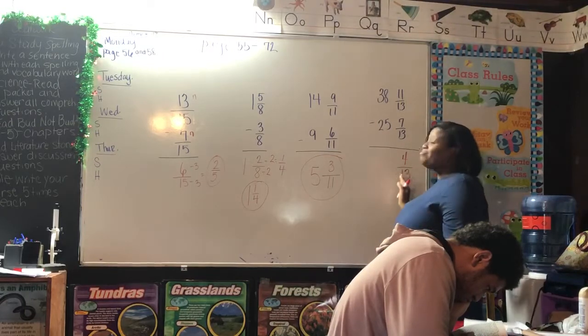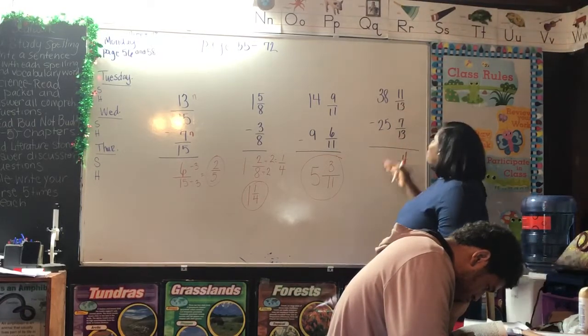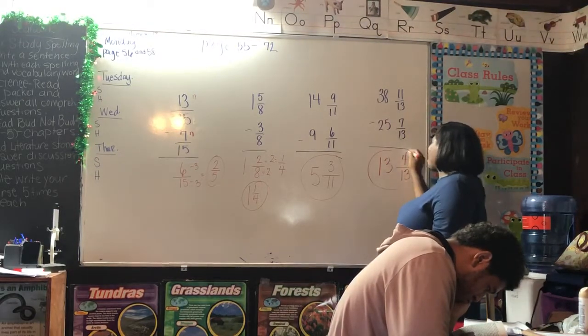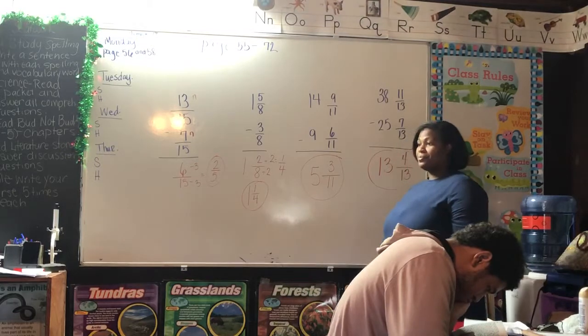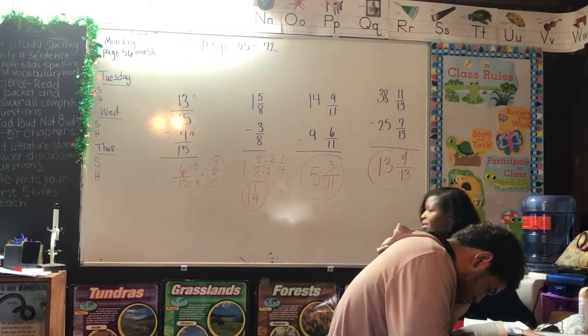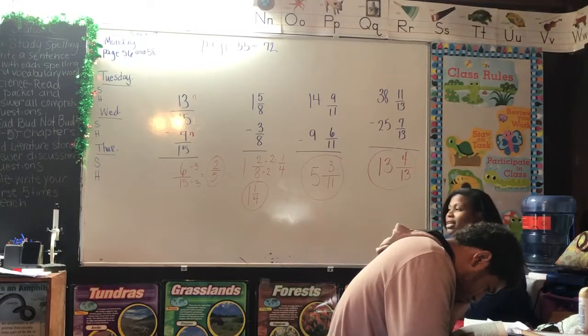Are we good here? Yeah. 38 minus 25. 13. Here is our answer. Alright? I'm going to leave it and I'm going to move out the way for a second so you can get that last one on in. And then I'm going to move on to the next few problems, okay?